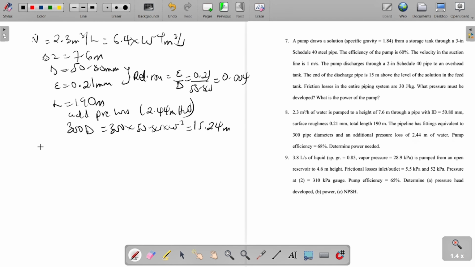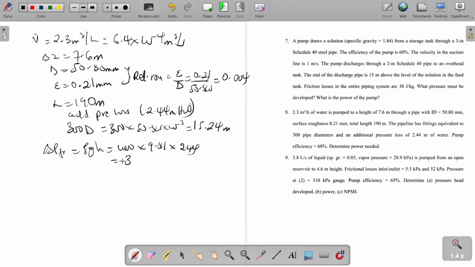Our first step is to find our additional pressure loss in terms of HF, in joule per kg. Since the pressure loss, which is the frictional loss, is rho g h, to find it in Pascal we take 1000 times 9.81, since we are using water so the density is 1000, then the h is 2.44.